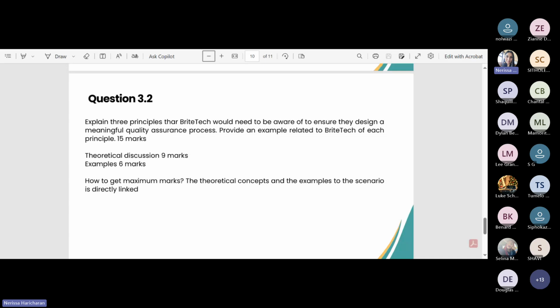Whether you want to talk about involving different people, let's say it's different stakeholders in a business, whether it is investors that are investing in Brightech. I'm not telling you that this is what's happening, but the different stakeholders that are involved in the business, whether it's top management, middle level management, senior management, how everybody is involved in the business to ensure that the employees are on the same goal basis.